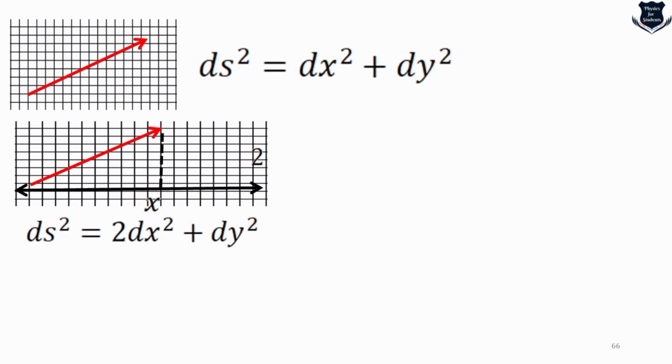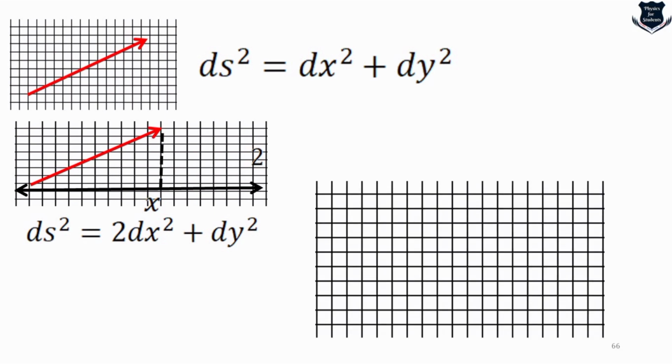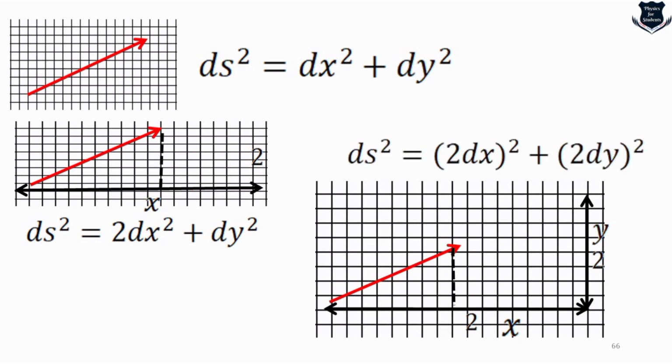ds squared equals 2 times dx squared, and the dy squared remains the same, right? Then if we further extend it, this one and this one extend further, and we use 2 dx squared plus 2 dy squared. So the basic idea of the rubber sheet analogy is to let you know that the distance is increasing, but mind you, this is in Euclidean space, right?